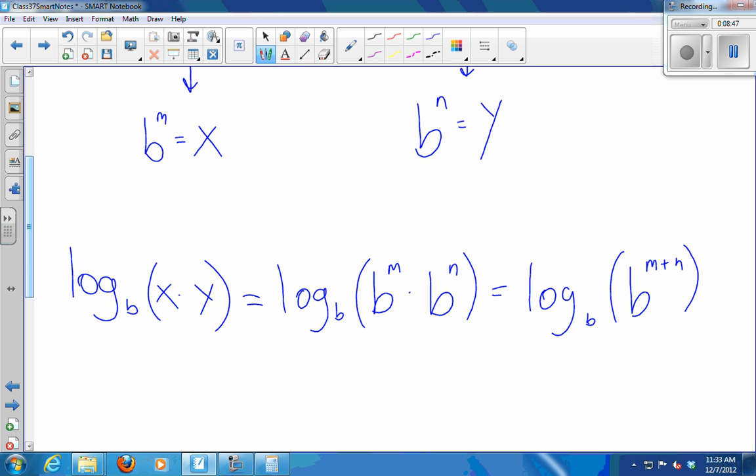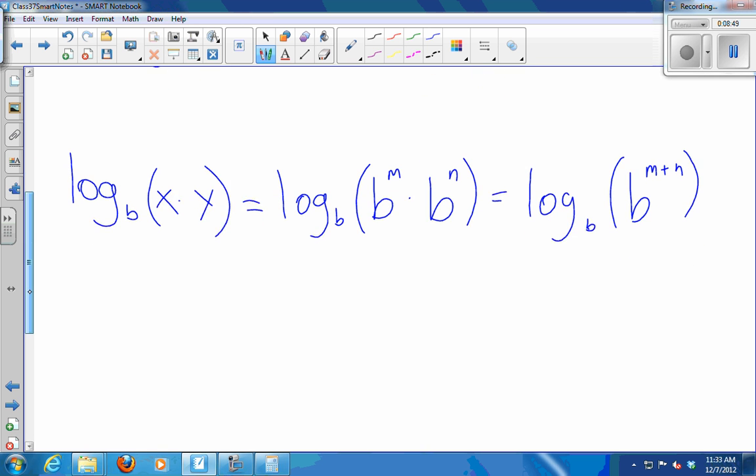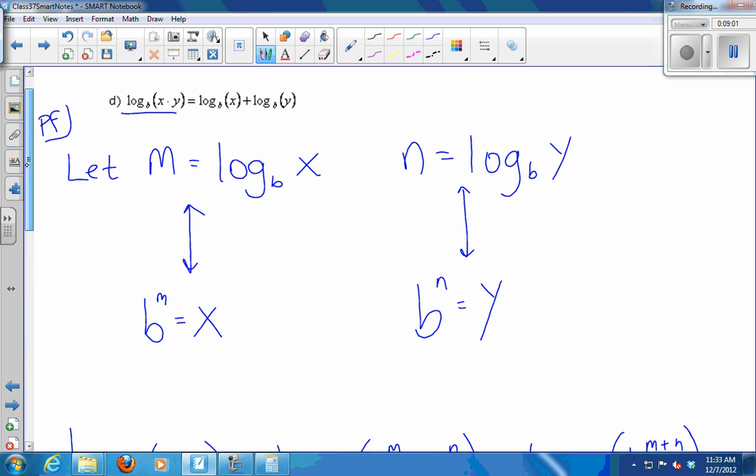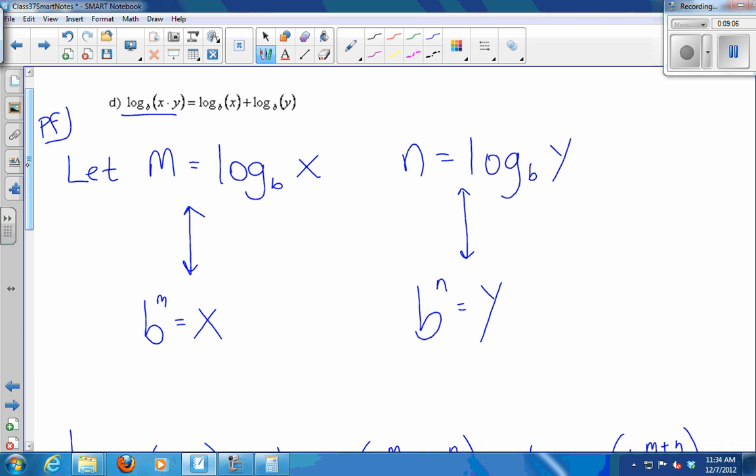So what is log base b of b to the m plus n? M plus n, right? The bases match, just lift off the exponent. But what is m? We go back a little bit here. M is log base b of x, and n is log base b of y.